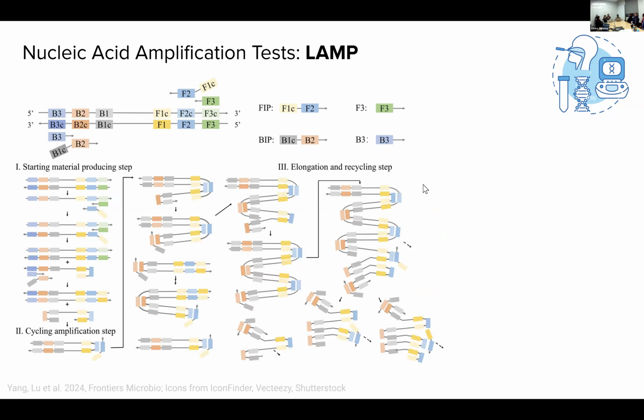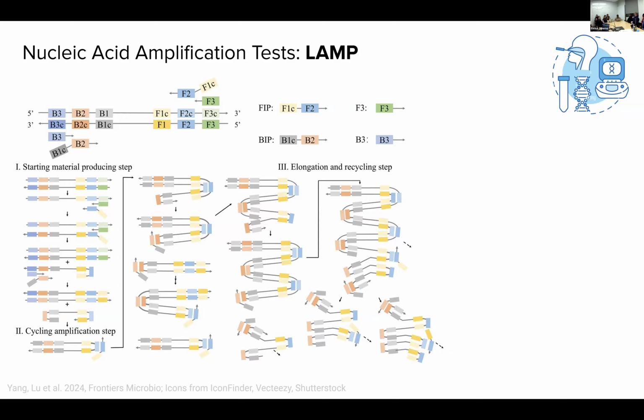The second nucleic acid amplification test that I want to talk about has the acronym LAMP, and it stands for loop-mediated isothermal amplification. You don't need to follow all the details, but what's very cool about this is that instead of 2 primers, you have 4 to 6 primers, and these can target 6 to 8 different specific locations on the DNA, and they make these twisty, turny, dumbbell-shaped products that are able to prime themselves.